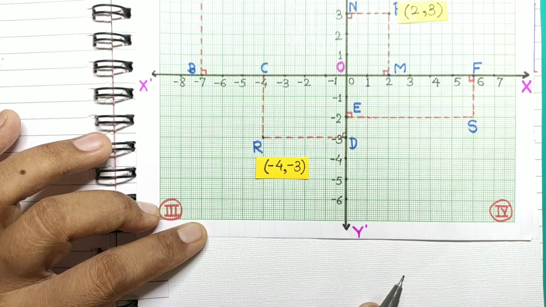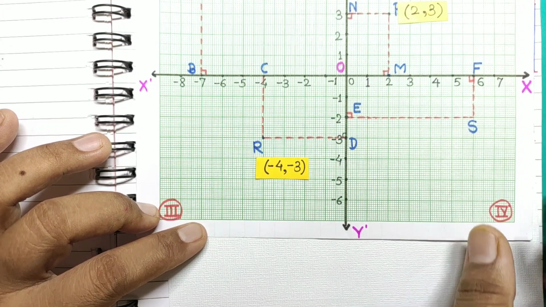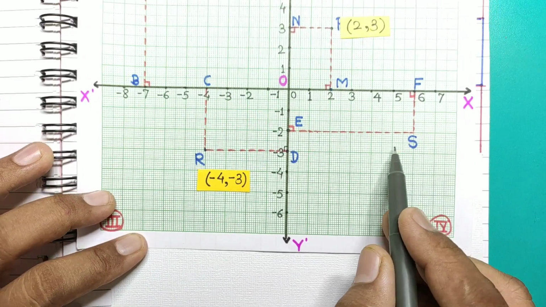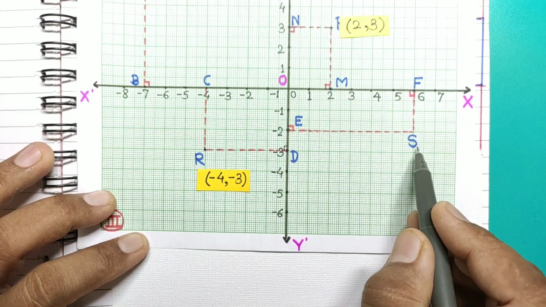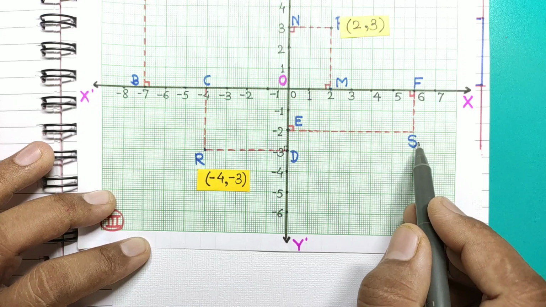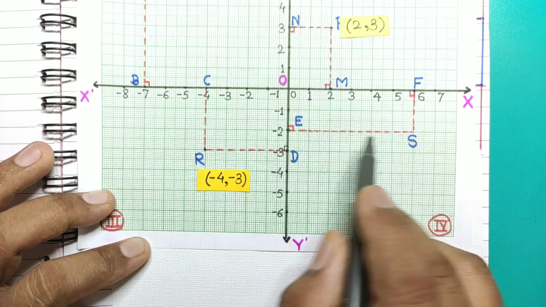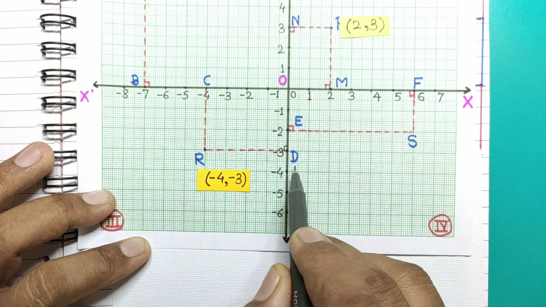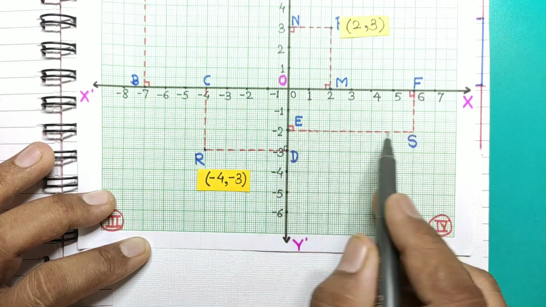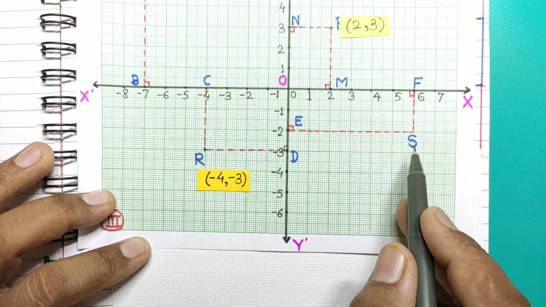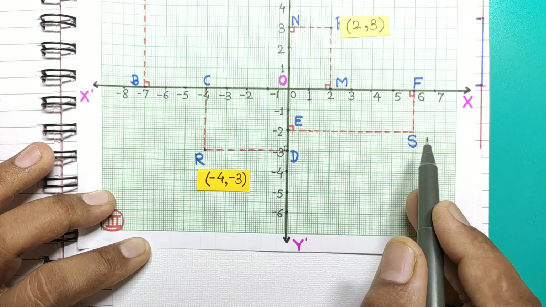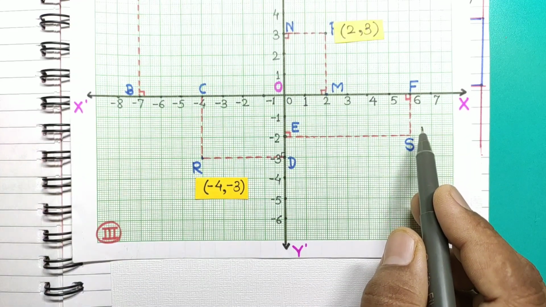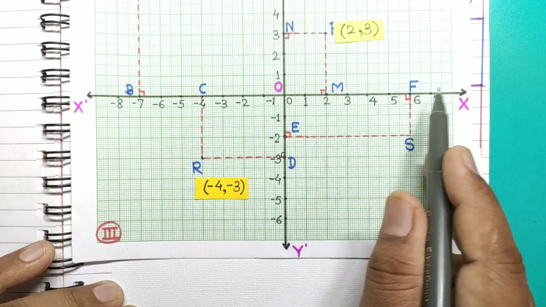Then likewise in the fourth quadrant, consider point S in the fourth quadrant. So its x coordinate is its distance from y axis. For this you draw perpendicular SE on y axis. Its length is 6 units. So x coordinate of point S is 6, and for y coordinate you draw perpendicular SF on x axis.